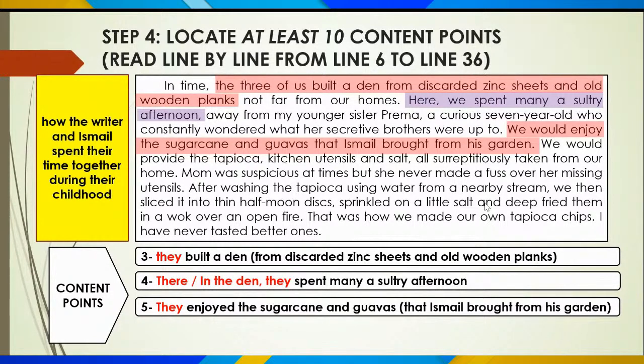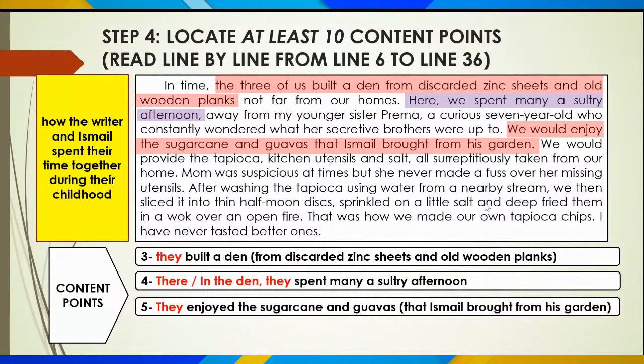It's not a point. "After washing the tapioca using water from a nearby stream, we then slice it into thin half-moon discs, sprinkle on a little salt, and deep fry them in a wok over an open fire." All these are explaining how they make the tapioca chips. So mereka basuh ubi kayu, mereka potong, mereka letak salt, mereka goreng dalam wok.